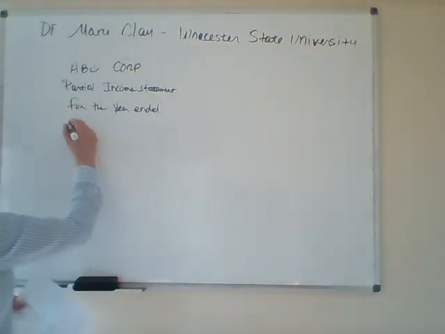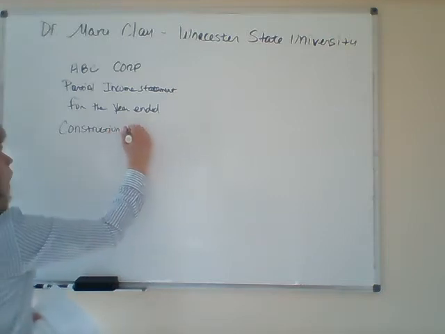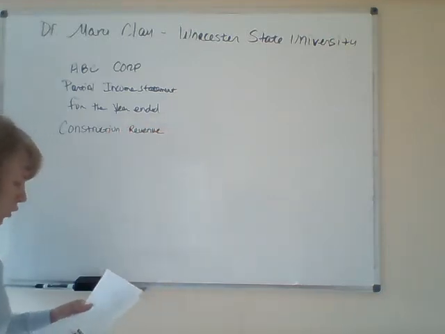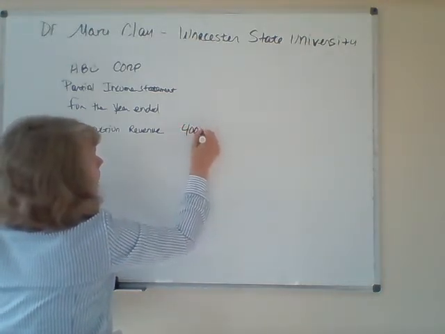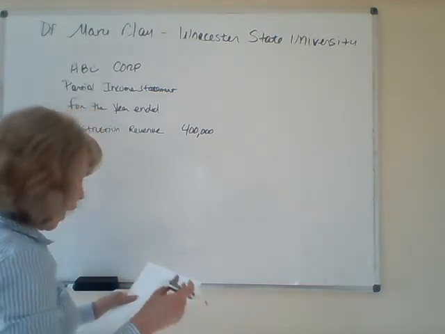Okay, so next you're going to do construction revenue. Construction revenue for this problem, you already did it. It was $400,000. We did that in the very beginning. That's when we did that chart.